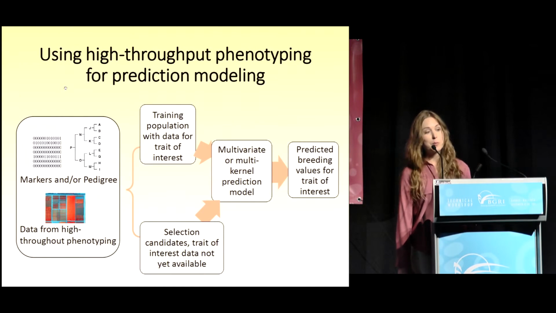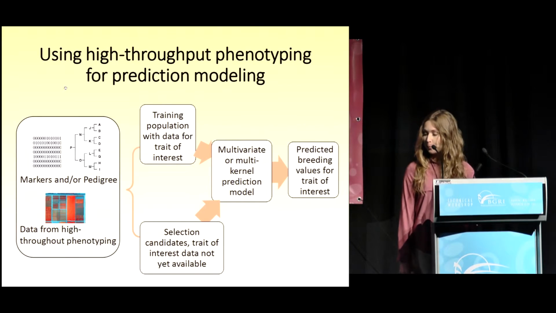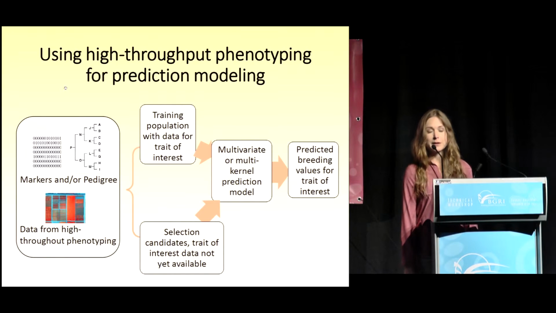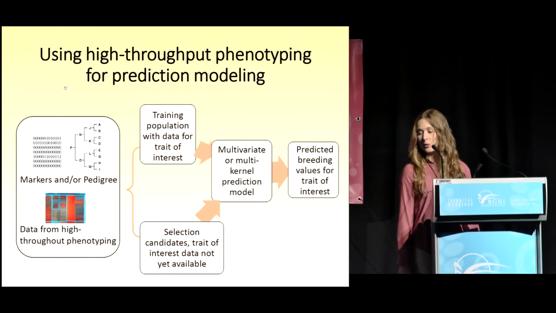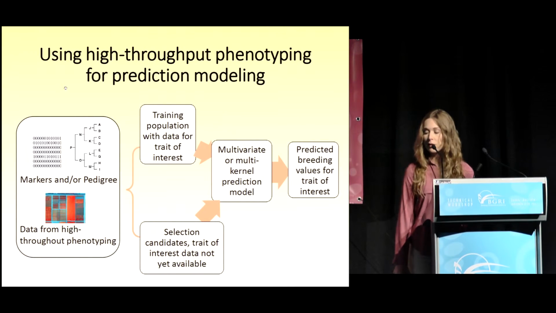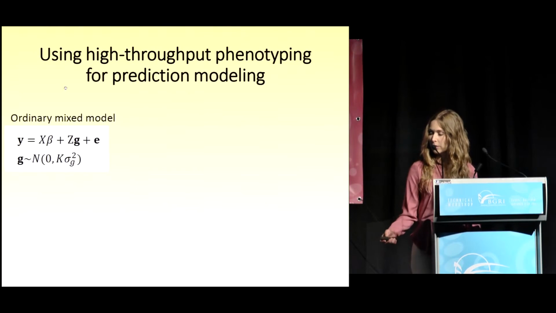They may also have marker data, and in our case, we also have pedigree. We can use all that data in a slightly different kind of prediction model, but still very similar, which is a multivariate or multi-kernel prediction model. And then we can get predicted breeding values for the traits of interest.